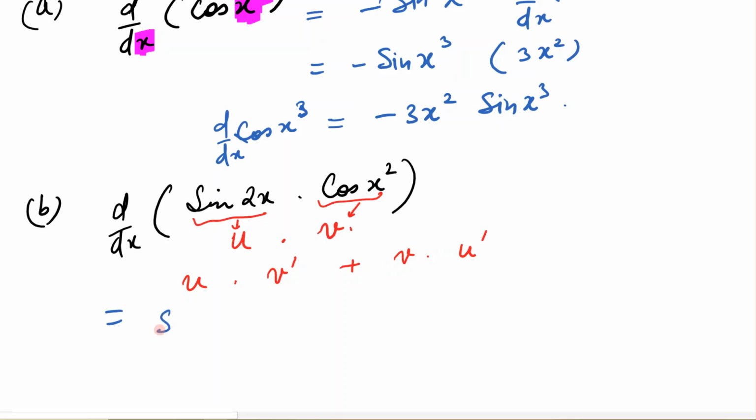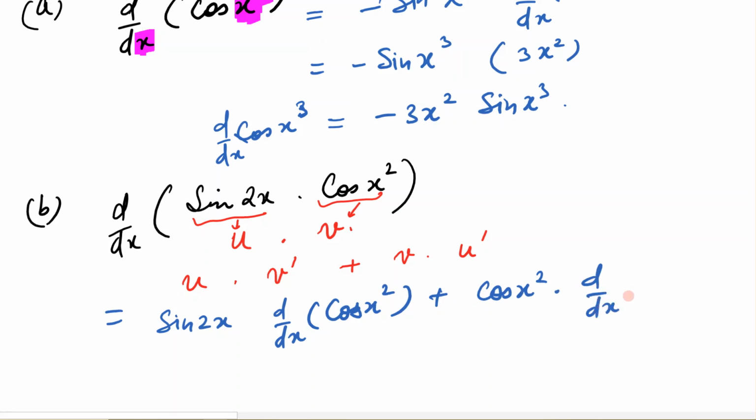So u, sine 2x as it is, derivative of cosine x square, plus cosine x square as it is, derivative of sine 2x.